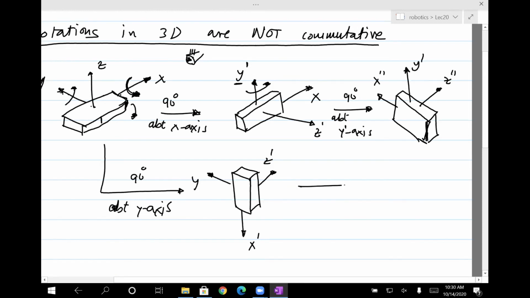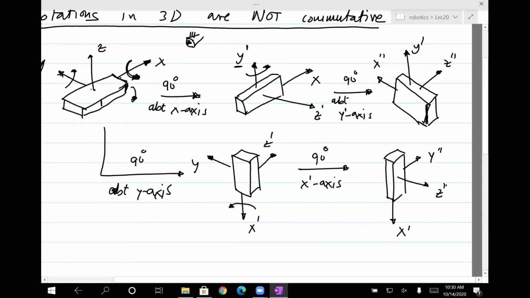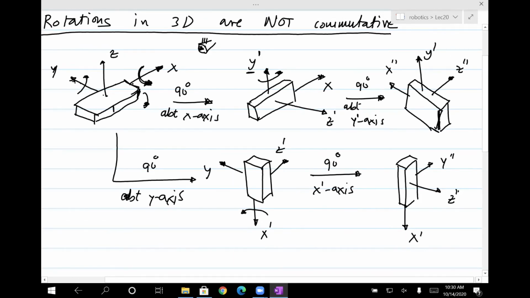Then if you do the same 90 degrees rotation about the x prime axis in this direction, counterclockwise, you'll end up with x unchanged, z prime and y.